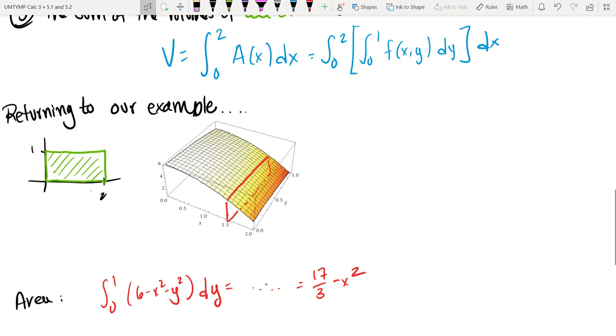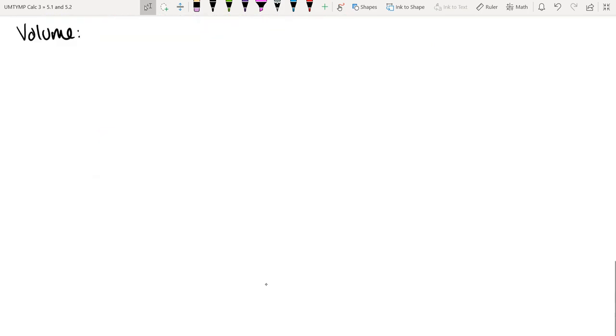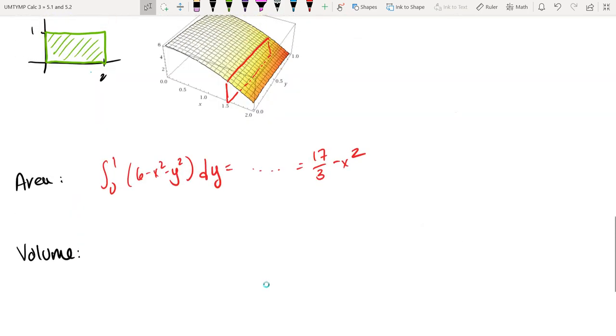Proceeding right on to volume, the volume would be the integral, allowing x to range from 0 to 2, of my area function, 17/3 minus x squared dx, and what I got with this was 26/3.